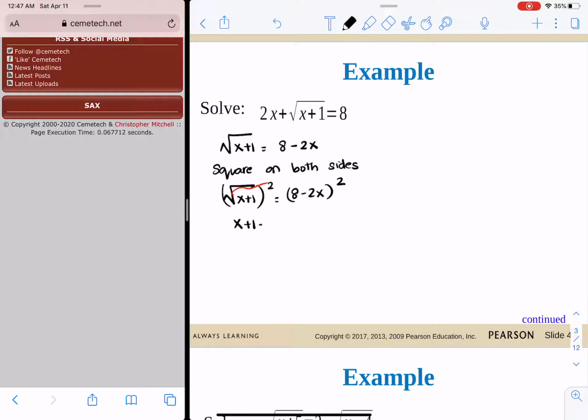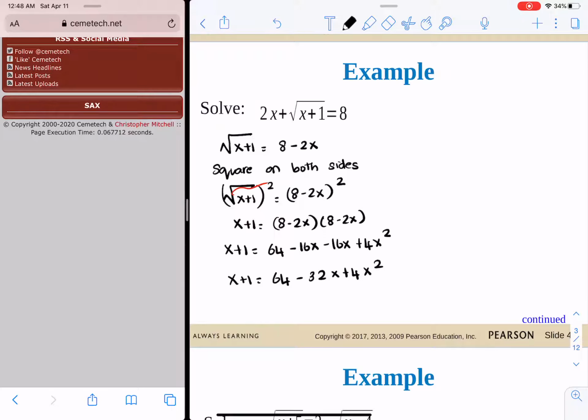So x plus 1 would equal 8 minus 2x times 8 minus 2x. So x plus 1 would equal 64 minus 16x minus 16x plus 4x squared. So x plus 1 would equal 64 minus 32x plus 4x squared.